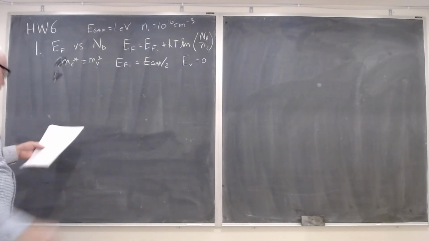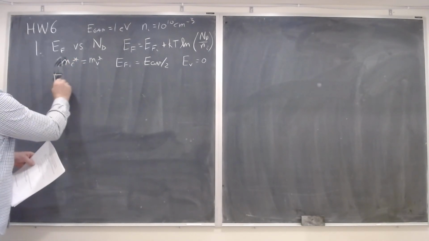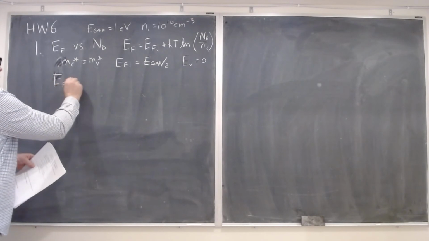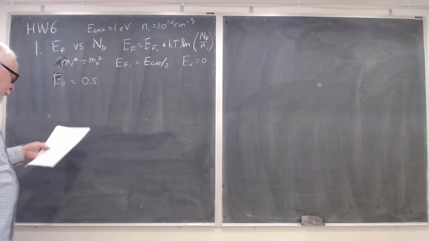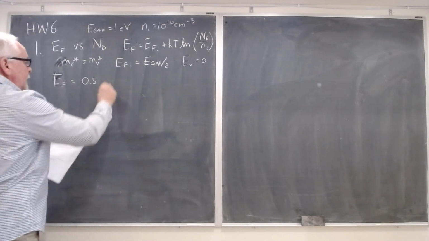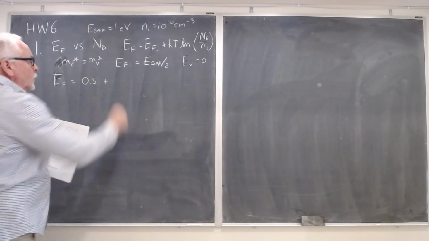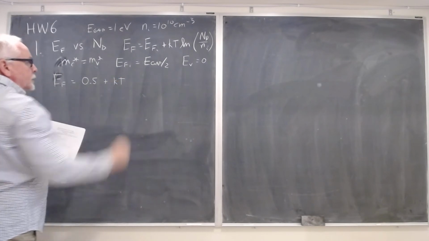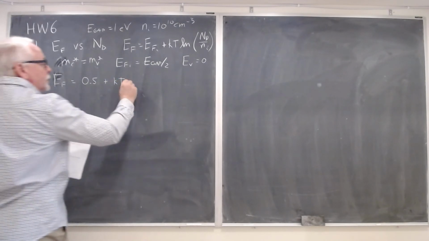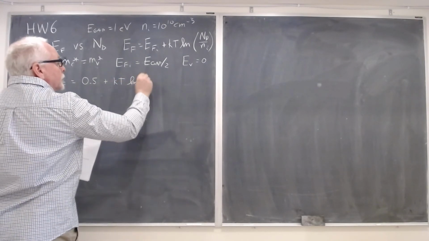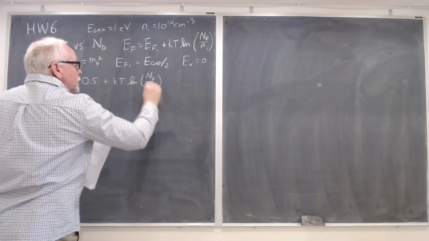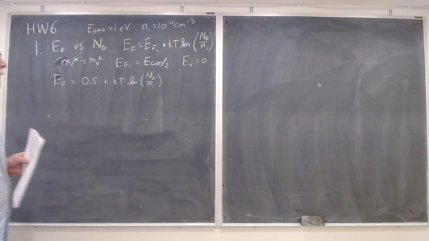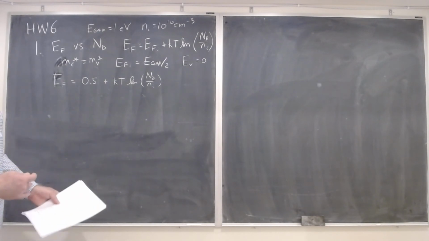So we can then just write that EF is equal to 0.5 eV plus KT, which of course then has to also be ln ND over NI. And for convenience, so you could just plug this in and plot it.